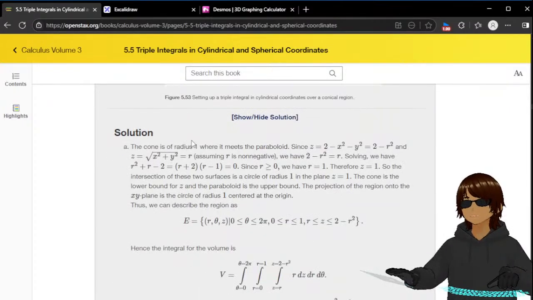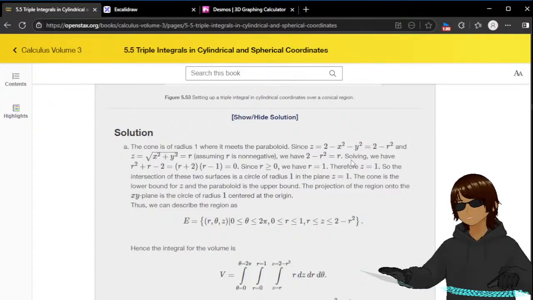The cone is of radius 1, and where it meets the paraboloid, since z is equal to 2 minus x squared minus y squared, which is equal to 2 minus r squared, and z is equal to r. Assuming r is not negative, we have 2 minus r squared is equal to r. Solving, since r is more than 0, we have r equal to 1.